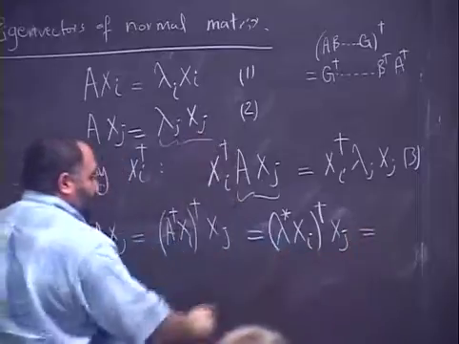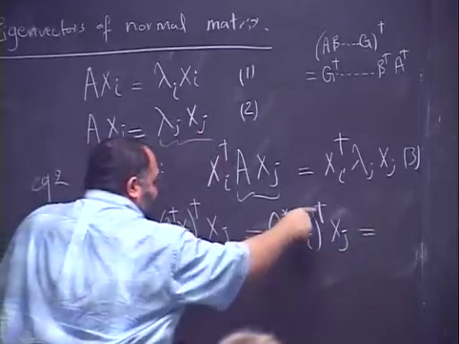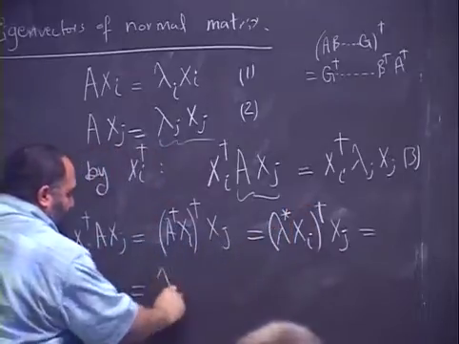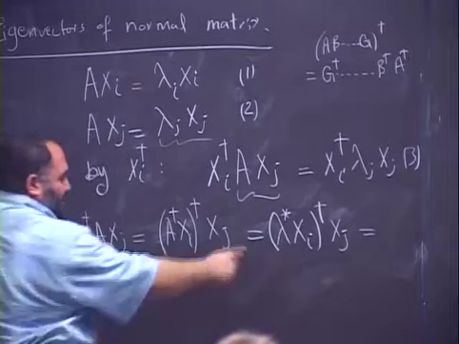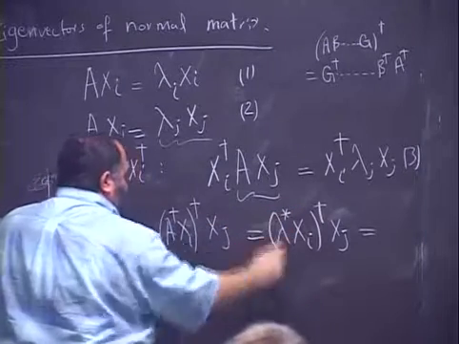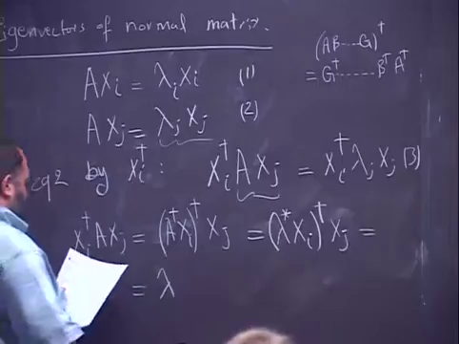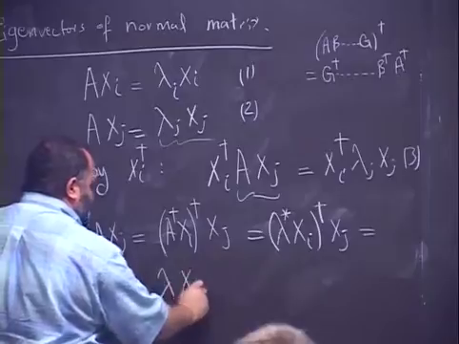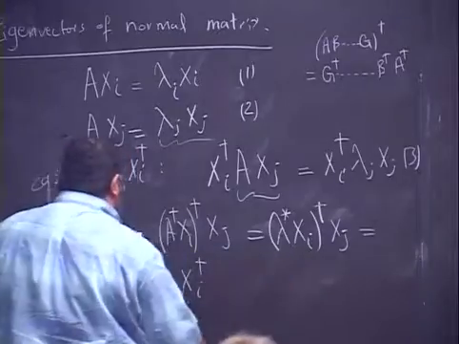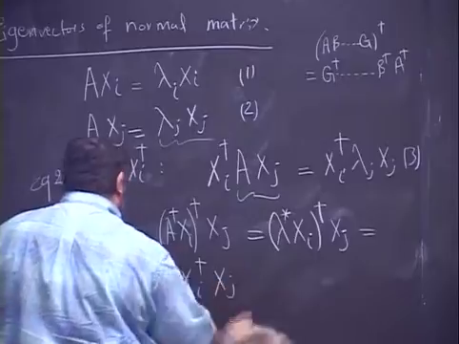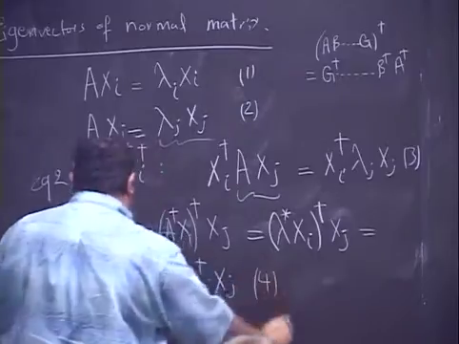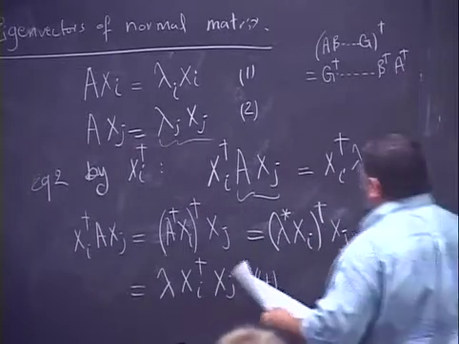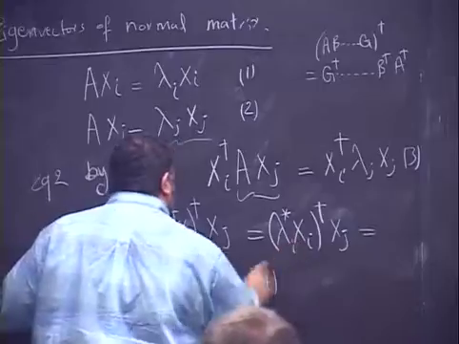So what's this? If you expand it, what's the Hermitian conjugate of a complex number? It will give you the same number, because the complex conjugate of a complex conjugate returns back to the same number. And this one will be Xi dagger, and this one is Xj, and let's call this 4. So this is lambda i.